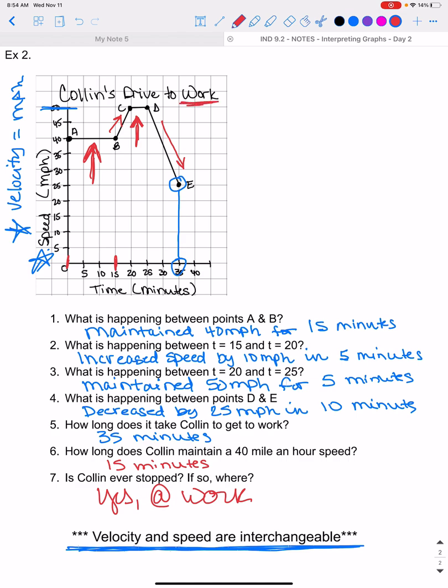Okay? So it's just a matter of deciphering the graph, figuring out what it means, pulling apart what the y-axis and the x-axis actually mean. And again, be really careful. Flat spots in speed mean maintaining. So flat equals maintaining a speed when you're talking speed.